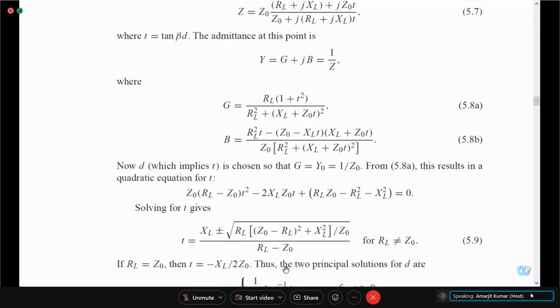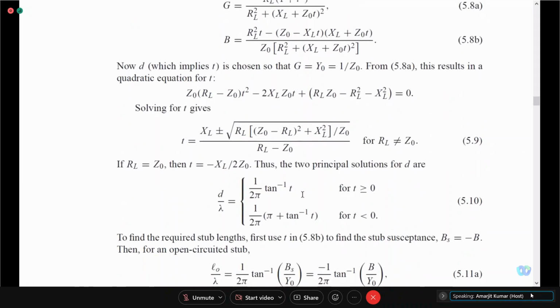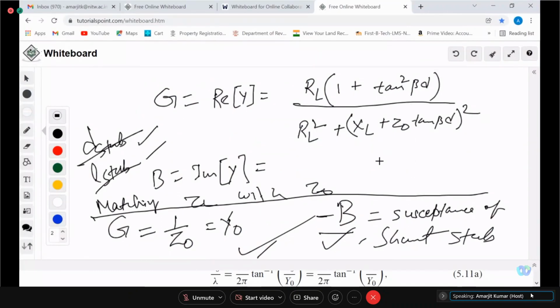So for the case when RL is equal to Z naught, better to put RL equal to Z naught in this quadratic equation, and you will easily get T equal to minus XL by 2 Z naught. And what is T? T is tan beta d. So T you have got.